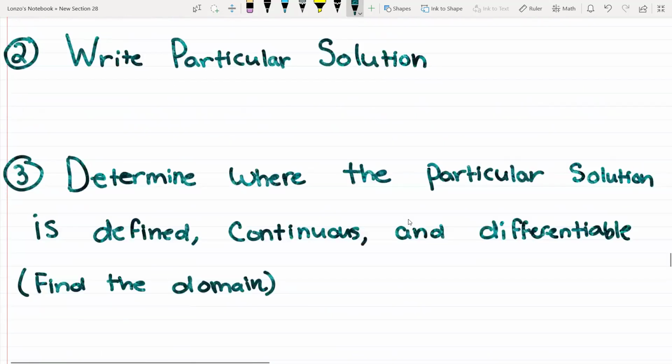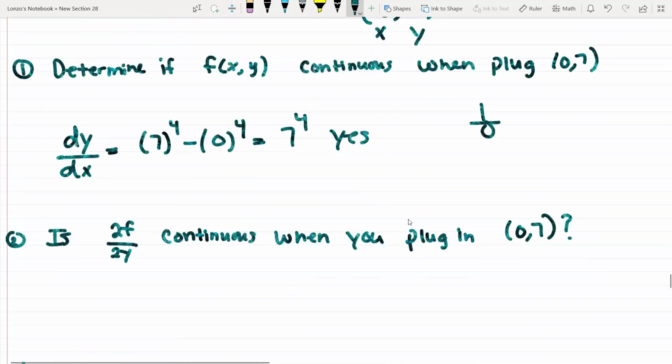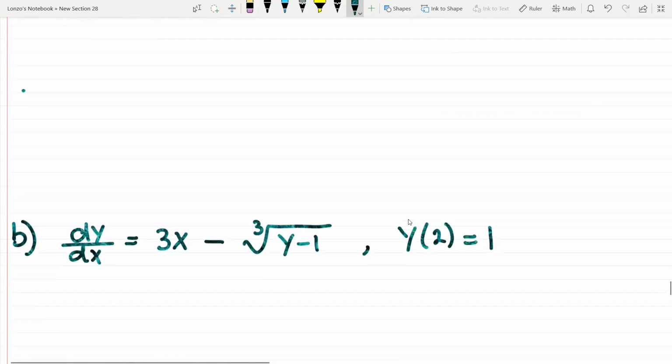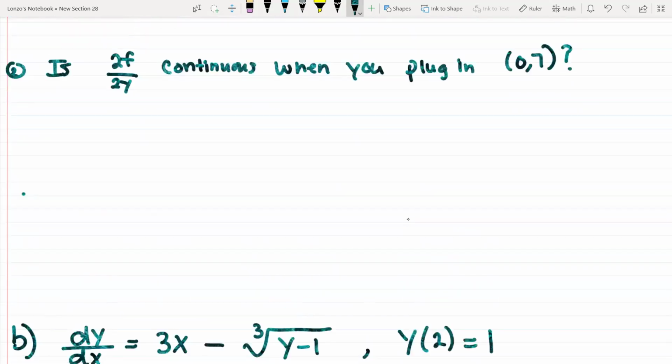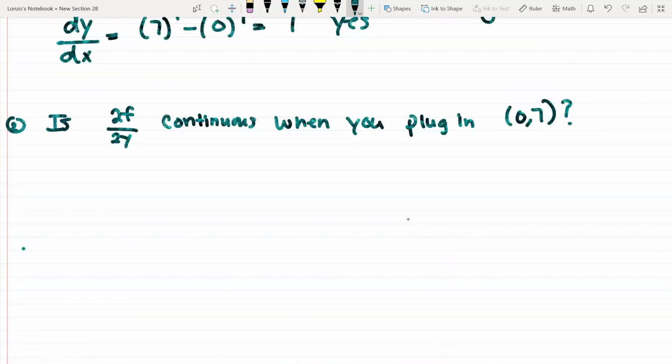Is delta f delta y continuous? So basically you take the derivative with respect to y, right? Our equation is f of x comma y equals y to the 4th minus x to the 4th.